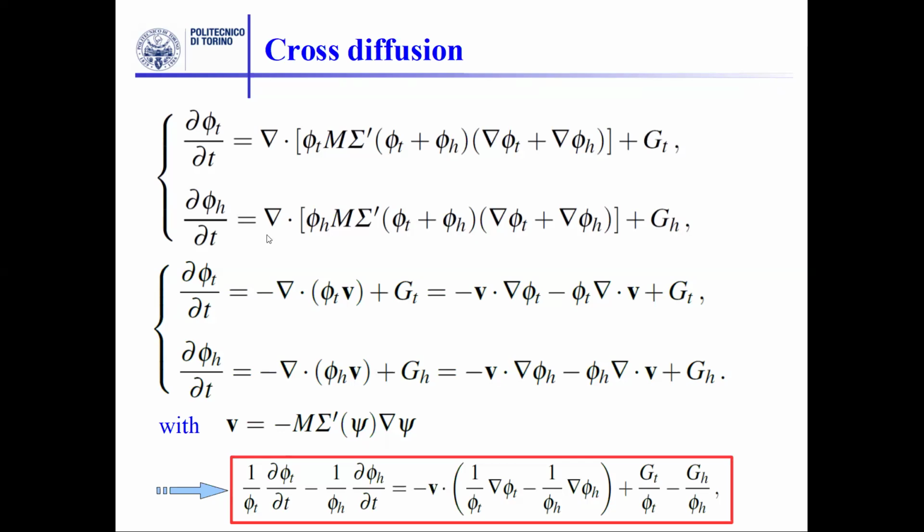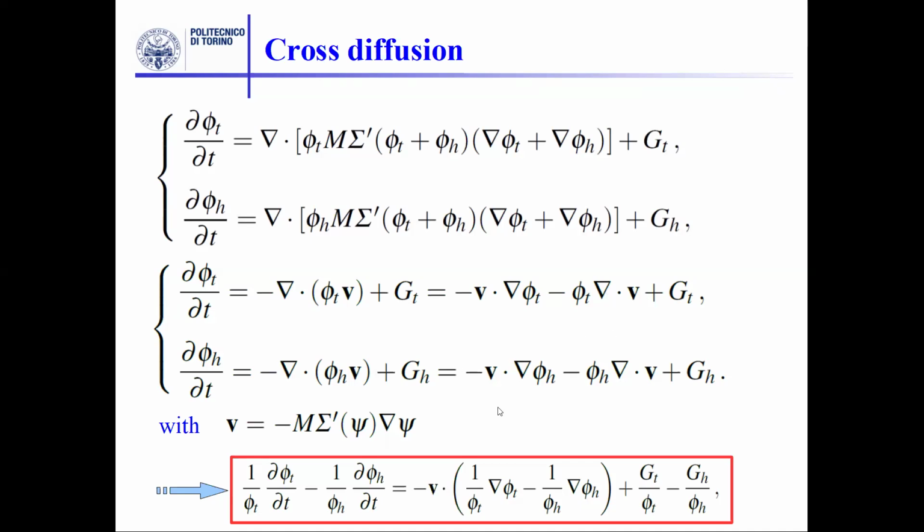In order to do that, I will just expand this divergence, okay? For sake of space, but also sake of generality, I will call V all the things that are in V. So I will split this divergence of Pt V into V scalar gradient of Pt minus Pt the divergence of V, okay?